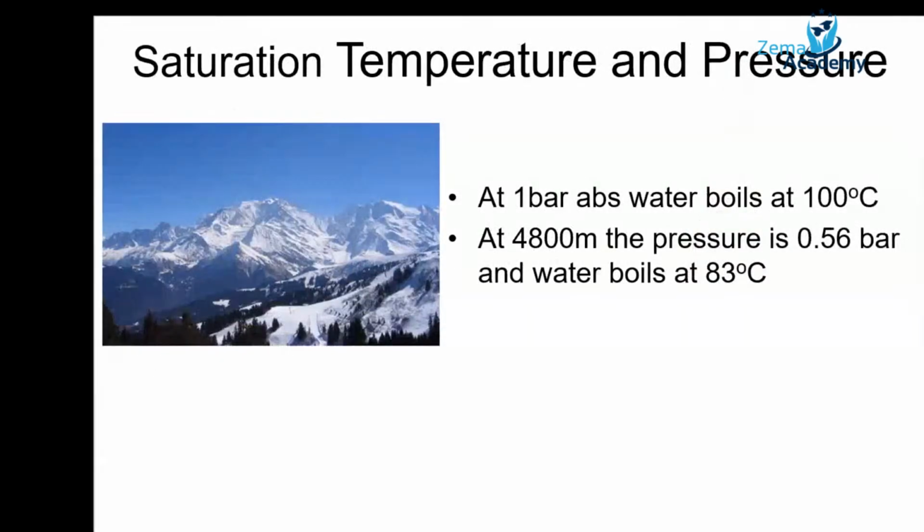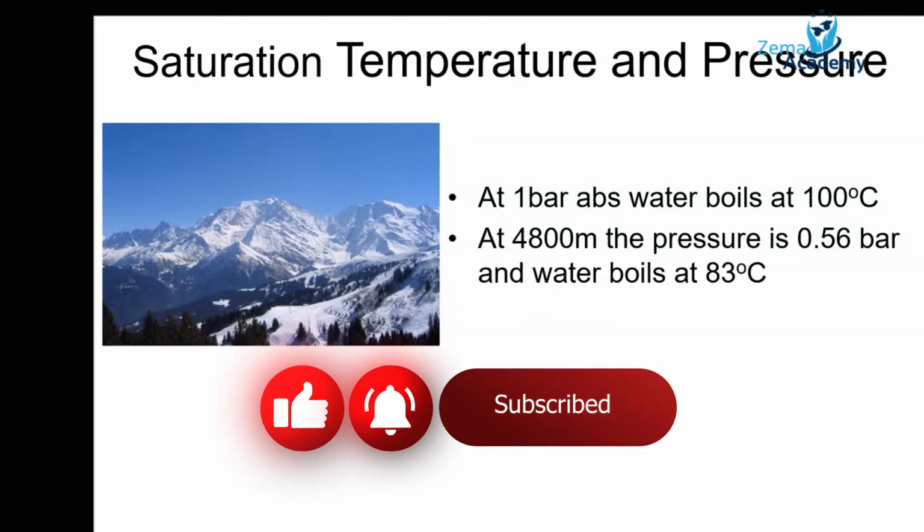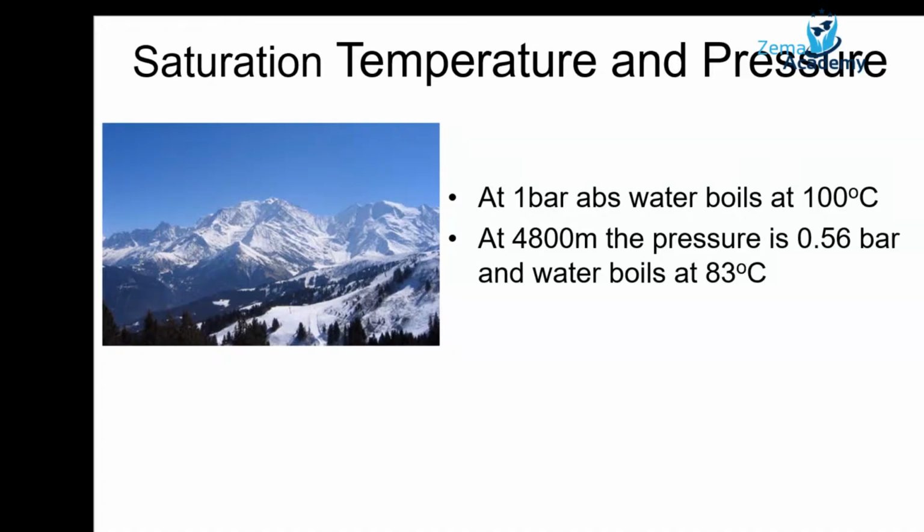For instance, if you take water and try to boil it at, let's say, 4,800 meters, at a pressure of 0.56 bar, the water boils at 83 degrees C. So as you can see, not 100, the one that we always say. Depending on the pressure, water can also boil at 83 degrees C. So what I wanted to highlight here is the relationship between pressure and temperature, and that is critical in any refrigeration system that we will look at.